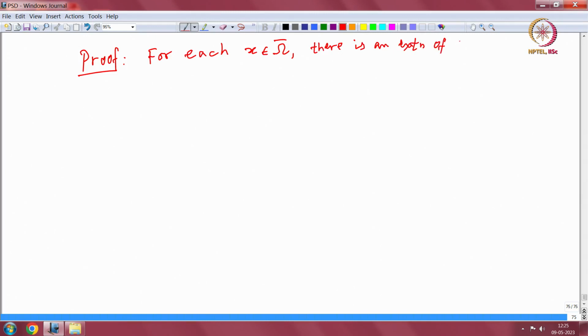Let me not write that in a ball, these are important, so let me just write that in a ball B(x, r). Remember, this r may depend on x.